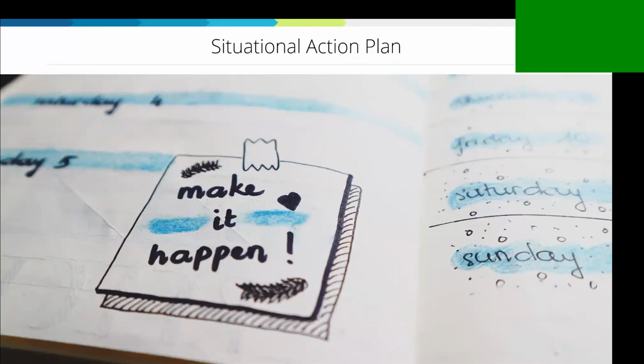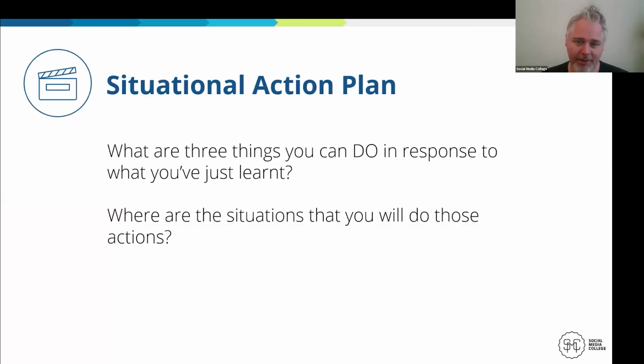And lastly, I'd encourage you, off the back of today's session, anything that I've said, anything someone else has said, even in the chat, that made you go, oh, that's cool, to jot down 1 or 2, maybe even 3 action points of things you want to put into place for your own organization when it comes to making your own scroll stopping video content. So write it down and think to yourself, what are 3 things that I can do in response to what we've learned today?